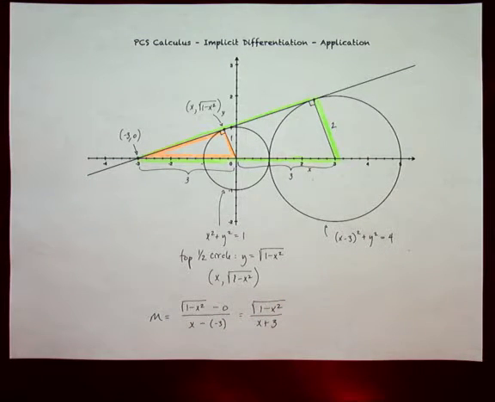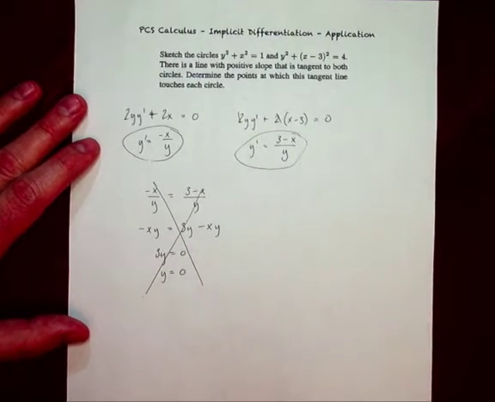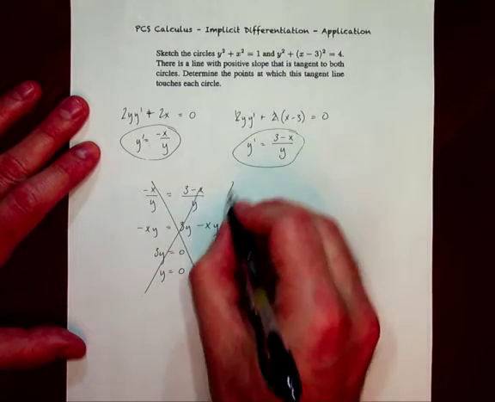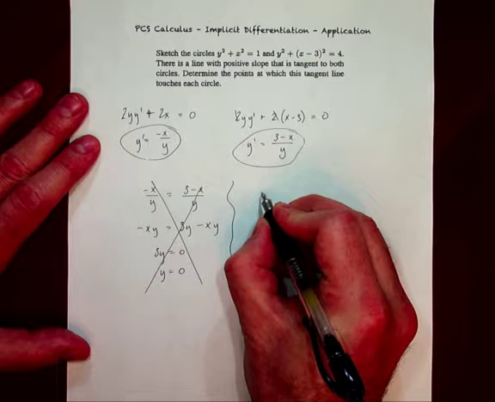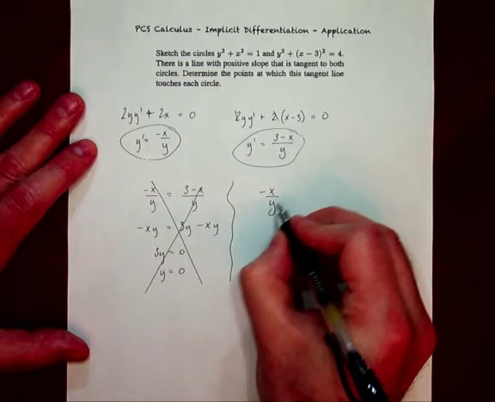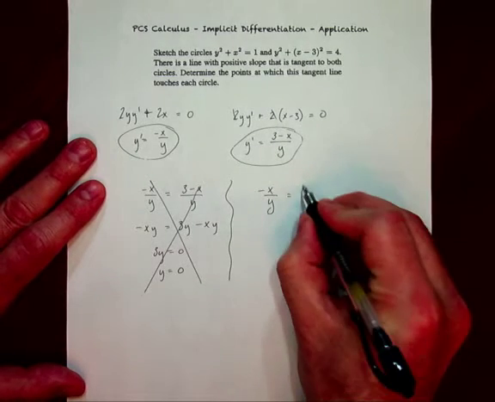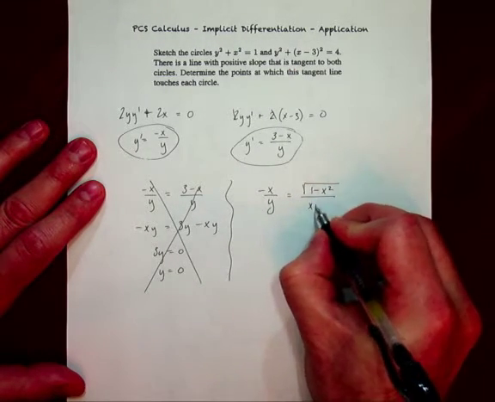That's kind of convenient, because now I can set it equal to one of these. I know this circle has a derivative of -x over y, and I can set that equal to the square root of 1 minus x squared over x plus 3.